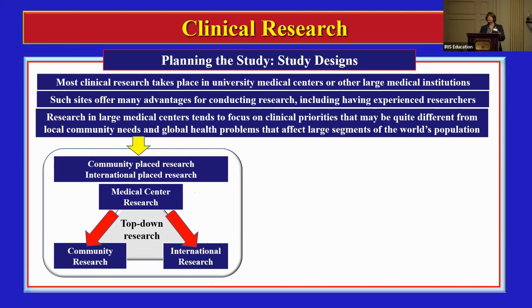So we know traditionally when we plan a number of our studies that the beginning of this often takes place in a university setting or a health system setting where we are looking at the problem and we are kind of looking down at the problem.